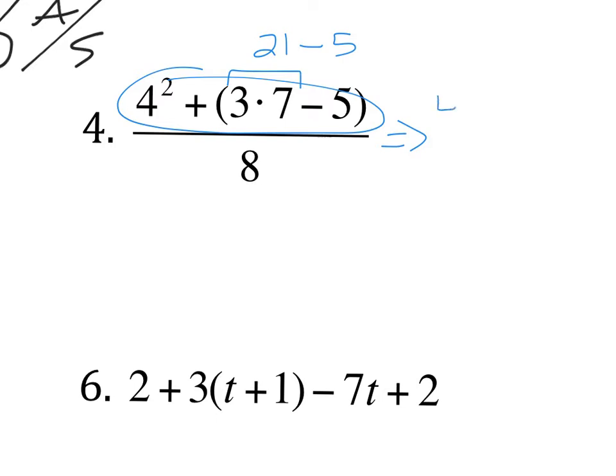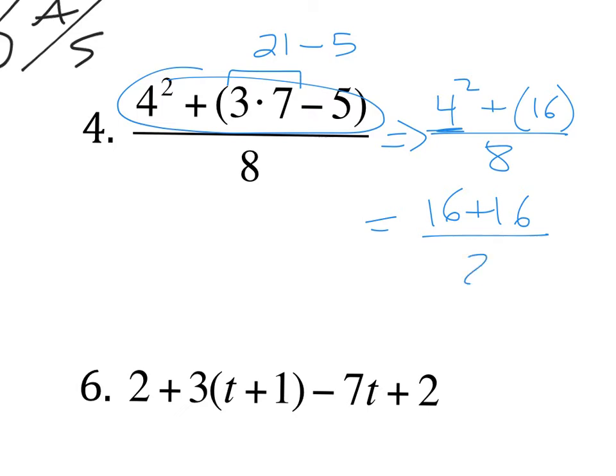So really I have 4 squared plus 16 all over 8. Exponents is next. So 4 squared is 16. 16 plus 16 over 8. 32 over 8, which is equal to 4.